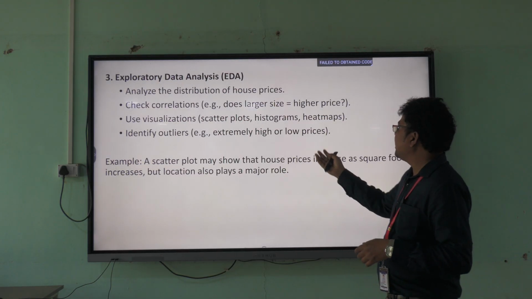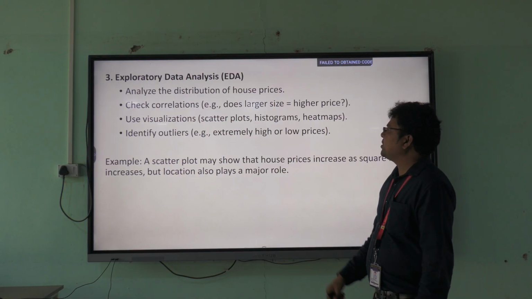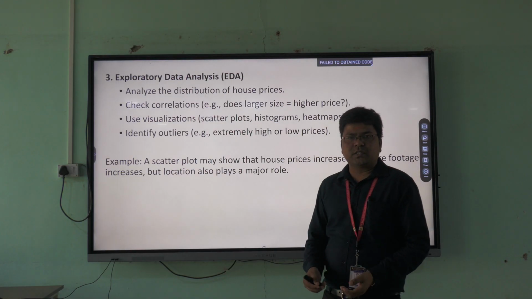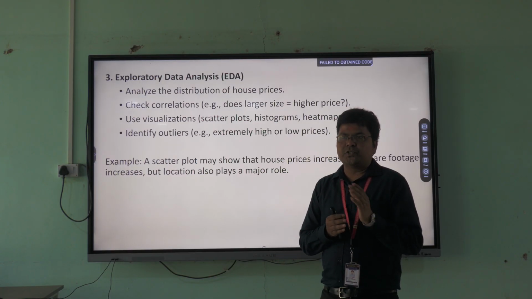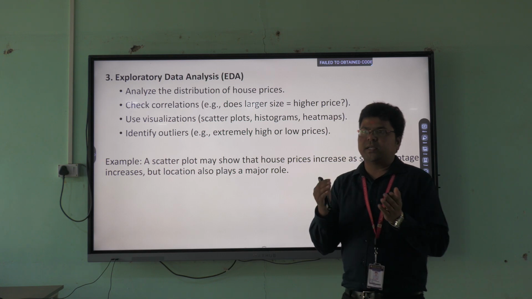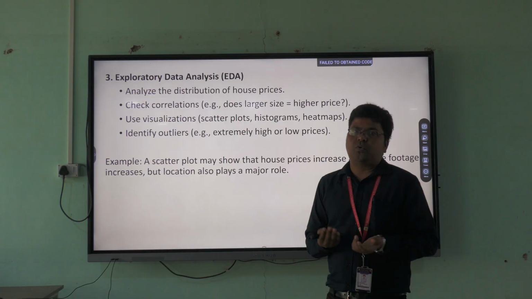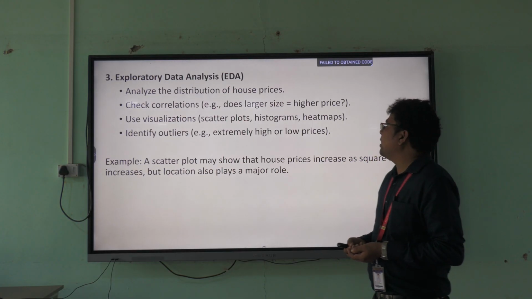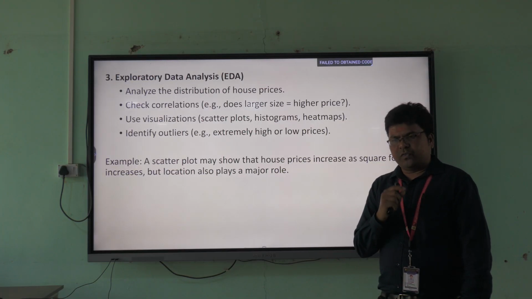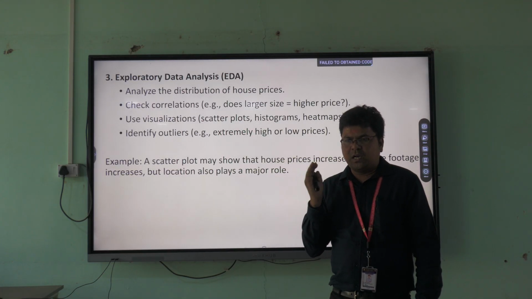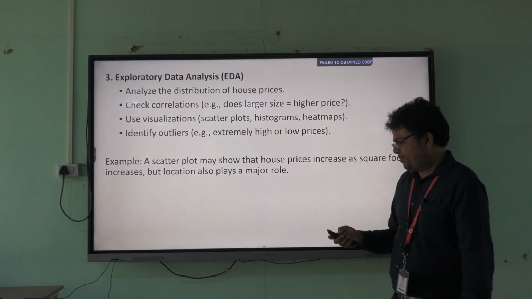Here we identify outliers and extremely high prices using visualizations like scatter plots and histograms, and check correlations, for example whether the price goes higher when there are additional rooms, like 2 bedrooms or 3 bedrooms. So we can see whether there are any correlations in the data, and then analyze the distribution of it. A scatter plot is the best example for checking how the data has been spread, and whether there are any outliers in the data.